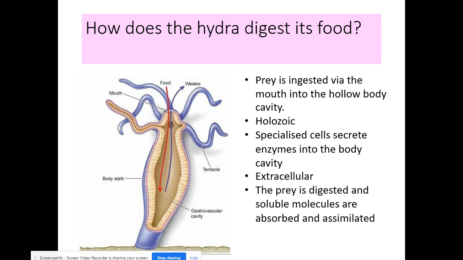And then the prey that's gone in here will become digested into soluble food molecules, and the digested food will be absorbed and assimilated by the cells, used by the cells, and then any waste gets egested via the mouth back out here.